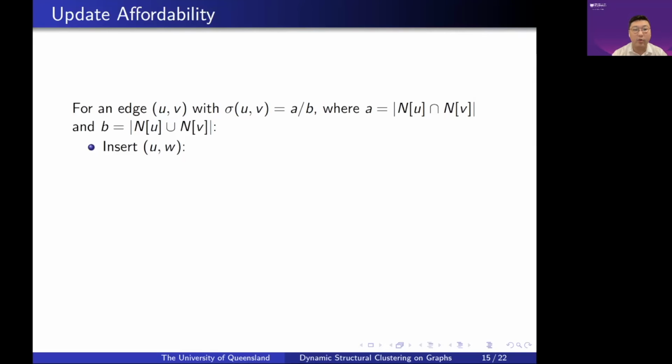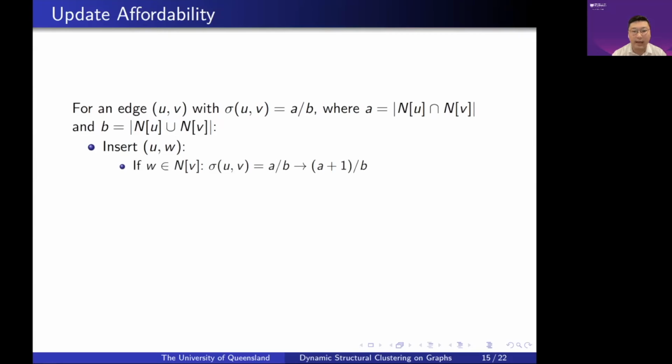For an edge UV with sigma UV equals A over B, here A equals the size of the intersection of the two neighborhoods, and B equals the size of the union of these two neighborhoods. If we insert an edge UW, there are two cases. The first one is if W is already in the neighborhood of V, then the size of the union of these two neighborhoods won't change, and the size of the intersection is increased by 1.